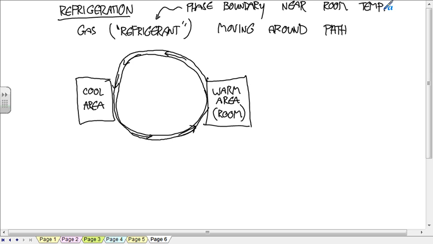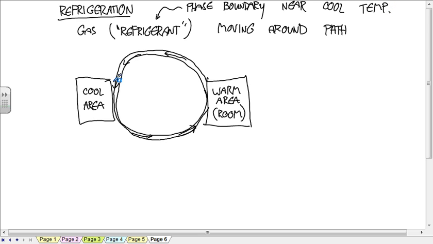Or actually, it's more useful if the phase boundary is near the cool temperature.